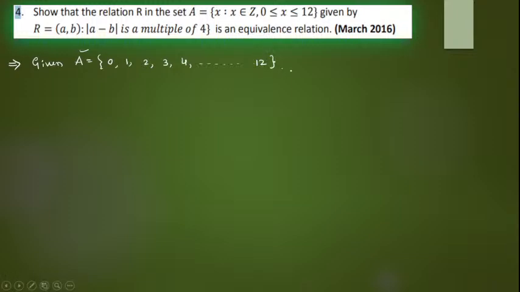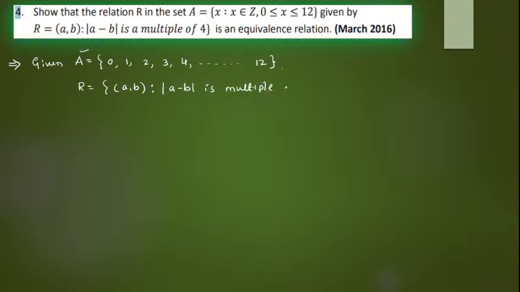Check whether a minus b is a multiple of 4 or not. You can't write all the ordered pairs by calculation. It takes time, right? So I will give a shortcut method here. Your relation R contains an ordered pair a comma b such that modulus of a minus b is a multiple of 4.